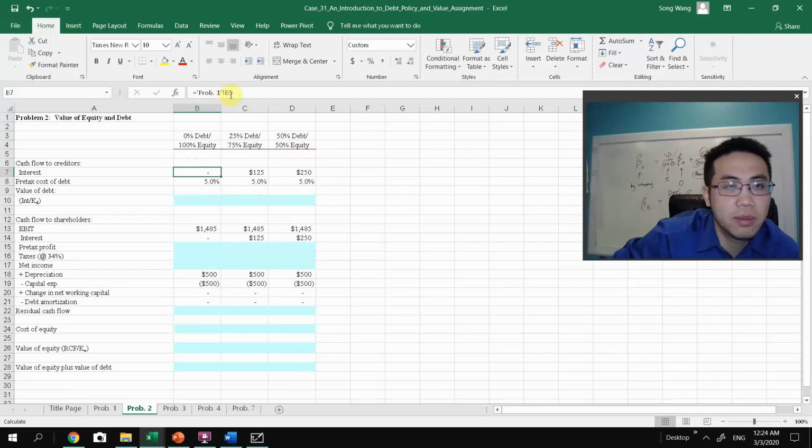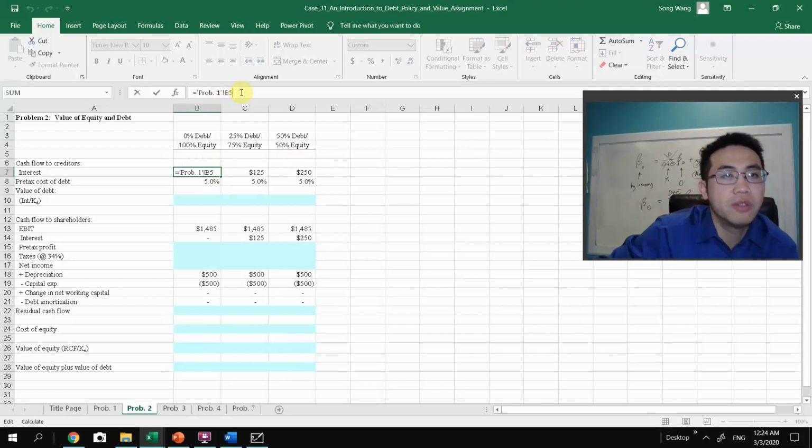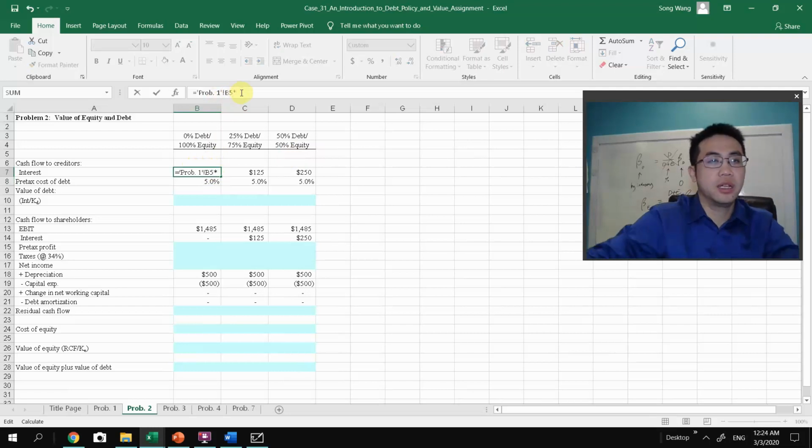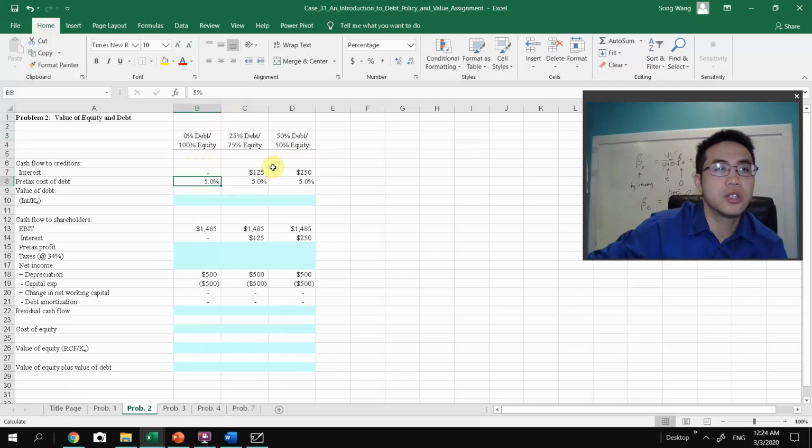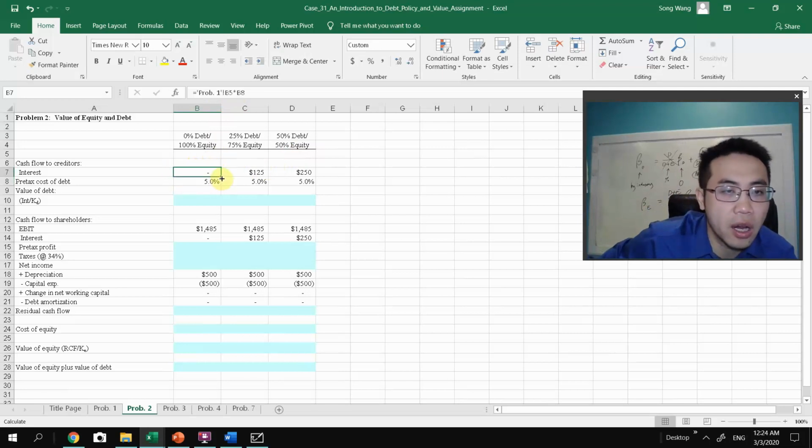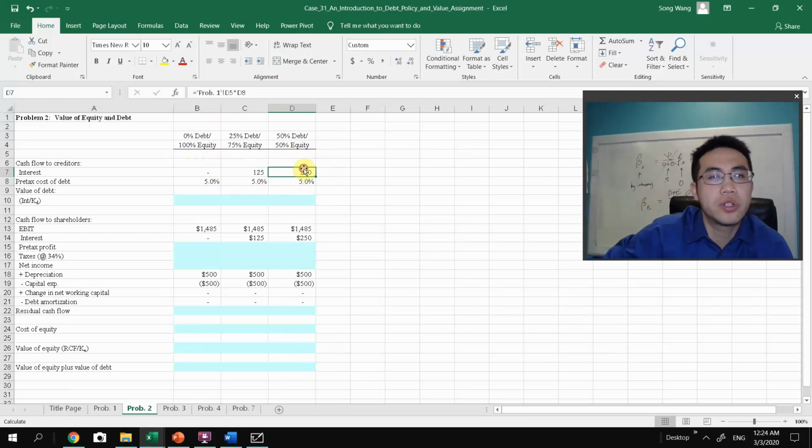You see this is from B5, and the B5 multiplied by the 5% pre-tax debt cost, and then I just drag it all the way to the right. So you will see the same number being produced here. I just plug in the numbers.